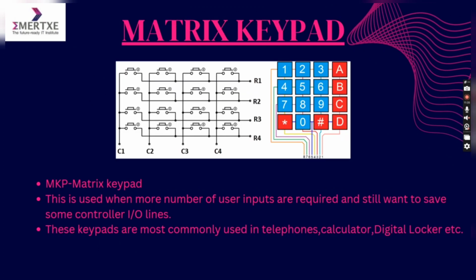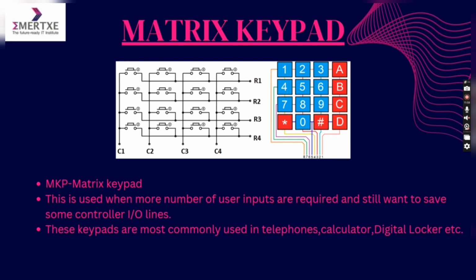Now moving to the next slide, a matrix keypad or MKP is a type of input device that allows users to enter data into a system. It consists of a grid of buttons arranged in rows and columns. When a button is pressed, it connects a specific row and column, which can be detected by the microcontroller.